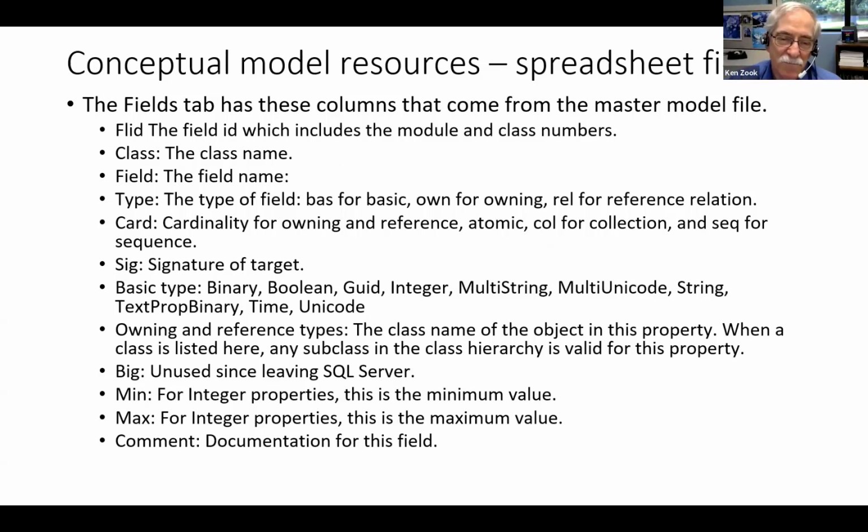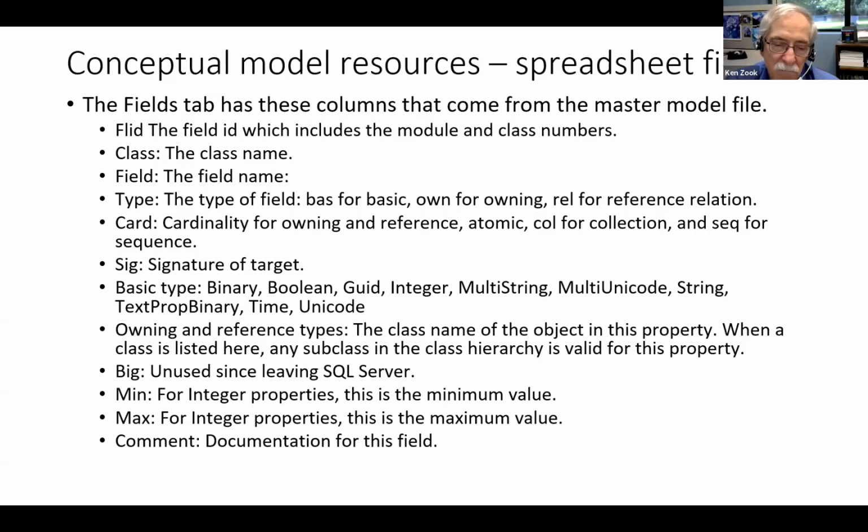And then a signature of what goes into that property. Basic type is binary, Boolean, various other ones. Owning and reference types, the class name of the object in this property. When a class is listed here, any subclass in the class hierarchy is valid for this property.